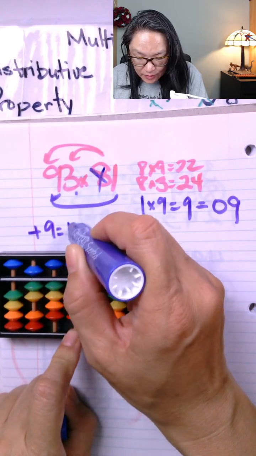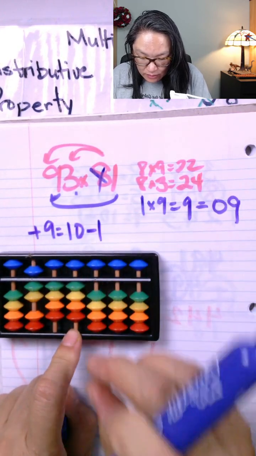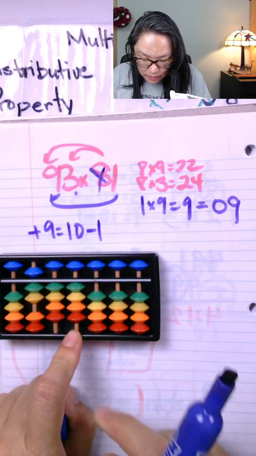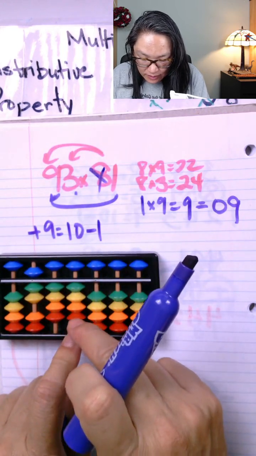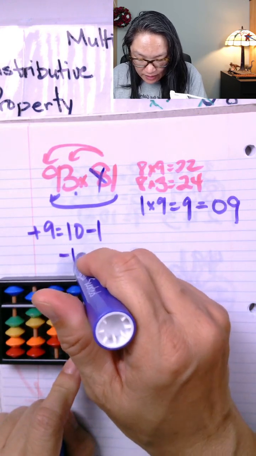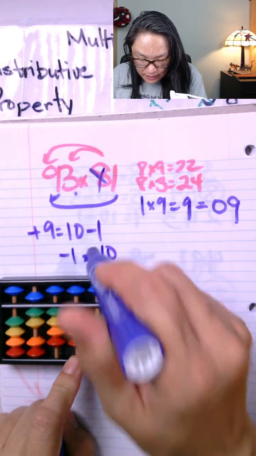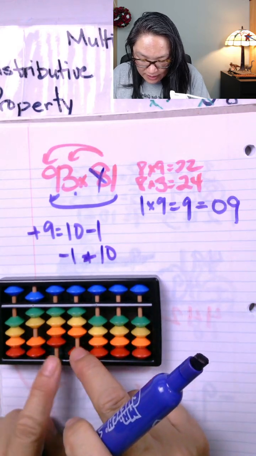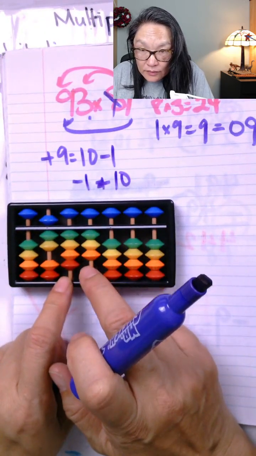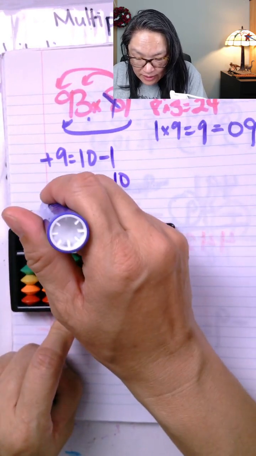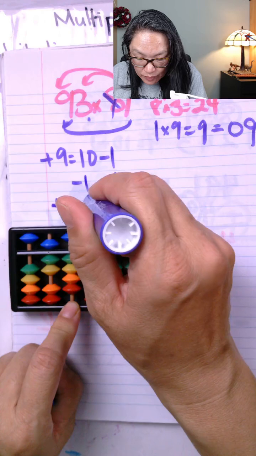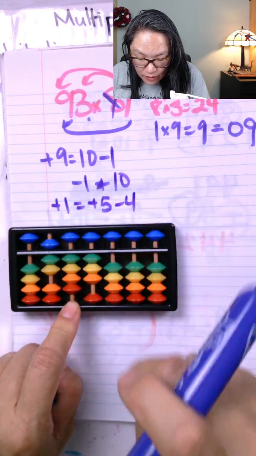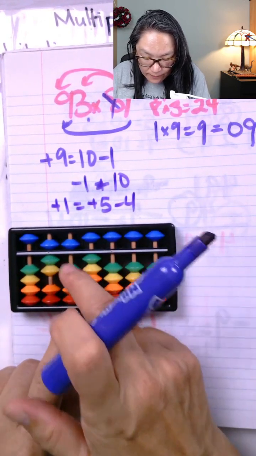Plus the 9 is equal to plus the 10 minus 1. We can rewrite it as minus the 1 plus the 10. How do we plus the 10? Plus the 1 is equal to plus the 5 minus the 4.